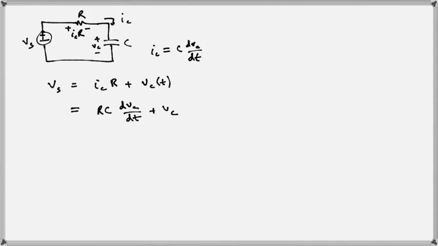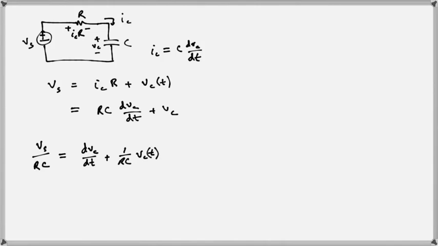And so now we can write this as a differential equation in our standard form. So let's write it like this: Vs over RC is equal to dVC/dt plus 1 over RC VC(t).